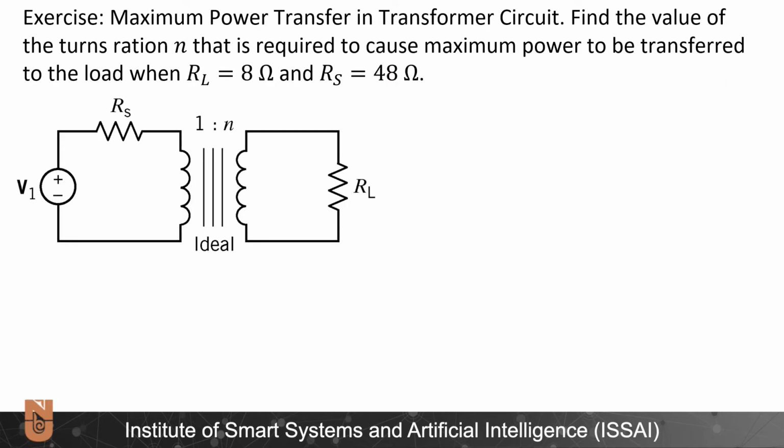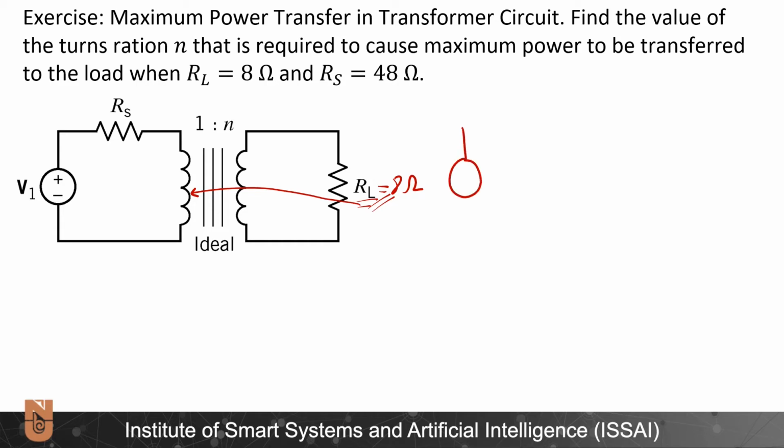Okay, now we will solve an example on maximum power transfer in a transformer circuit. And we need to find the value of turns ratio N in order to have the maximum power transferred to the load with RL equal to 8 ohms. So what I will do is draw this circuit in a way that this RL will be reflected as an impedance to the primary coil of the circuit.